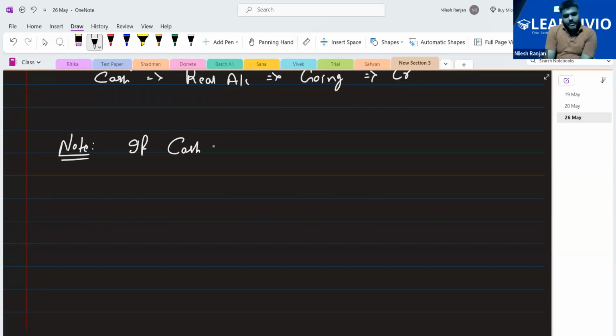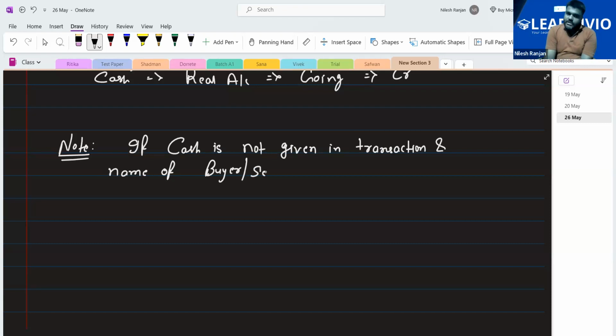If cash is not given in the transaction and the name of the buyer or seller is given, then it is a credit transaction.